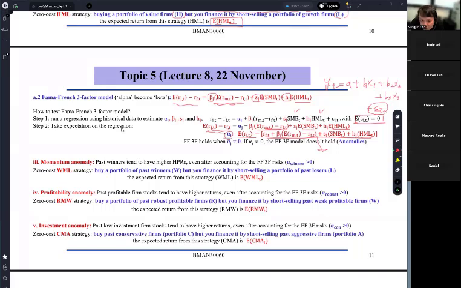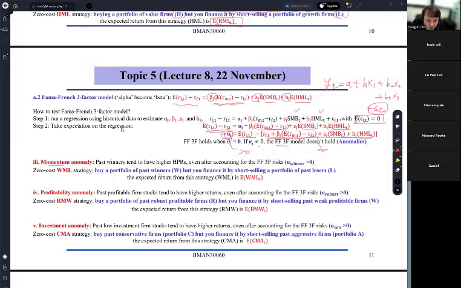If alpha is positive, that means what you earn by investing into SJ is bigger than what the Fama-French three-factor model says you should earn. So alpha is always about the extra returns. Now, when alpha is not equal to 0, we say we find a return anomaly in terms of the Fama-French three-factor model.